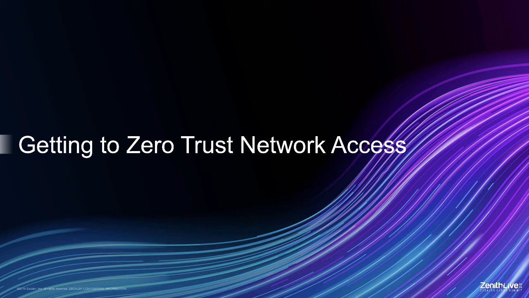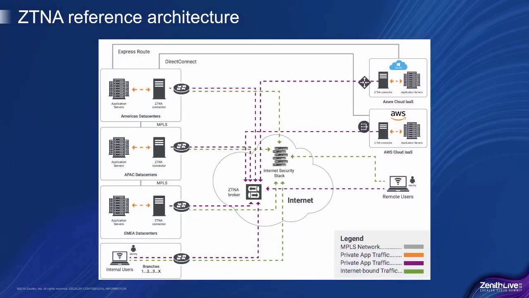So let's talk about getting to zero trust network access. In this reference architecture, we show on the left-hand side the different data centers that an organization might have connected via MPLS, and in the top right-hand corner, their cloud services in AWS and Azure.